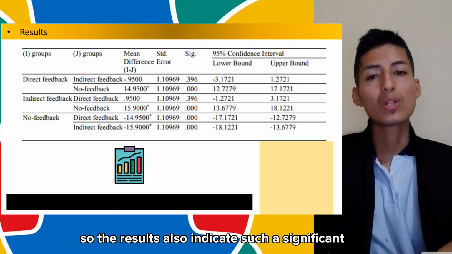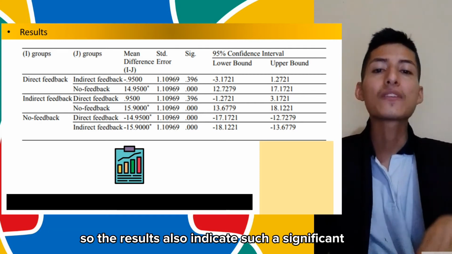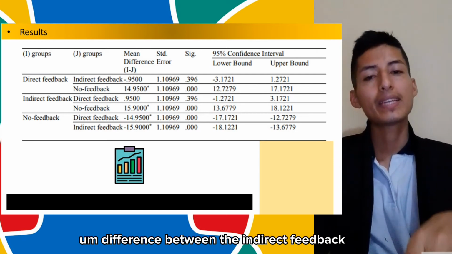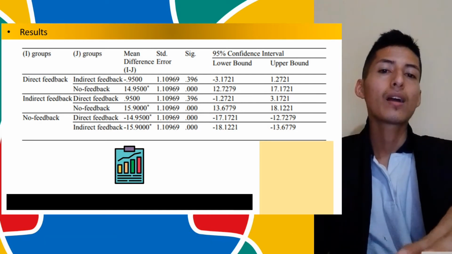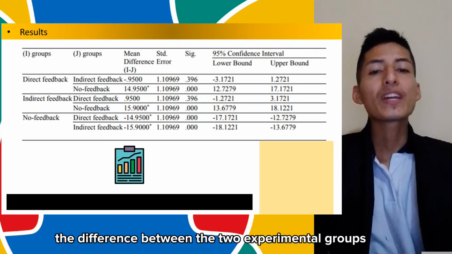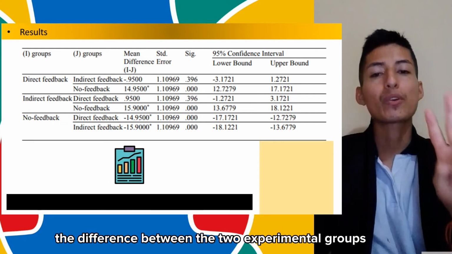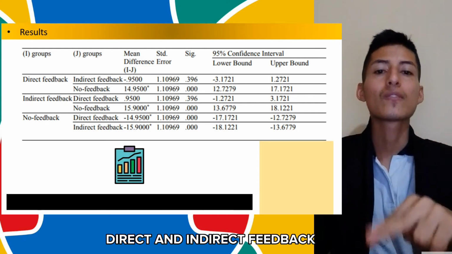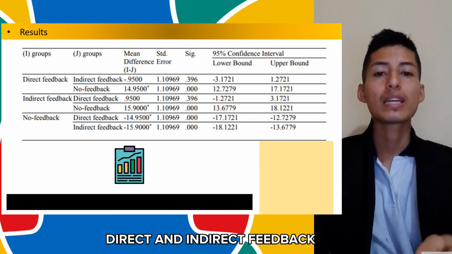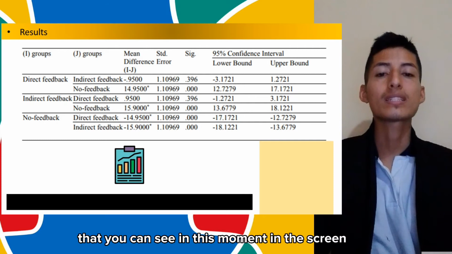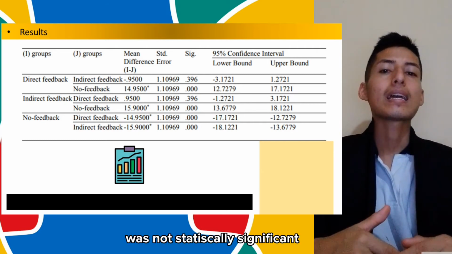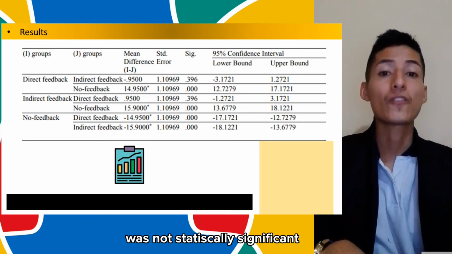The results also indicated a significant difference between the indirect feedback group and the control group. However, the difference between the two experimental groups, direct feedback and indirect feedback, as shown in table 2 that you can see on the screen, was not statistically significant.